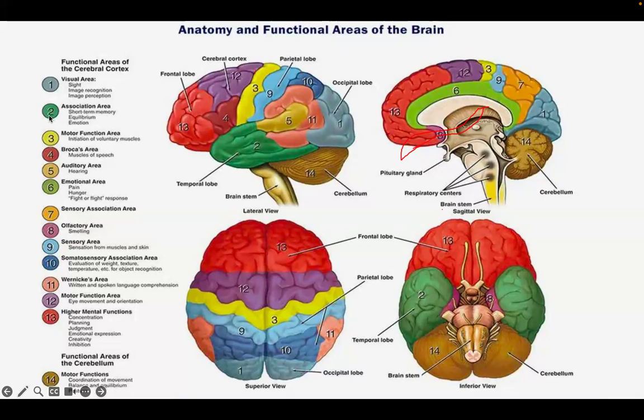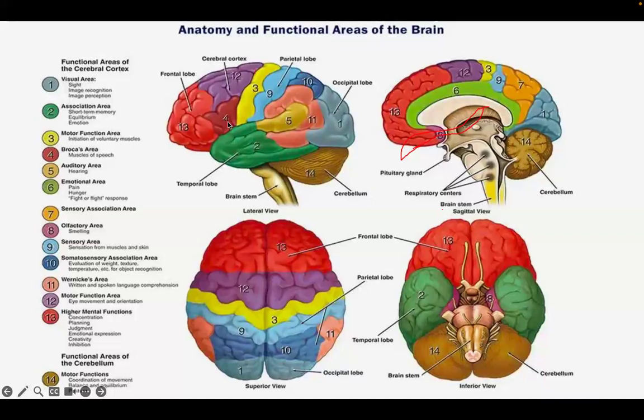Then I told you guys about memory. So 2, memory, equilibrium, emotion. I talked to you about memory being part of the jobs of the temporal lobe through the hippocampus and the other parts of the entorhinal cortex and limbic system. Motor function area, of course, I told you about that, which is the motor strip here, area 4.